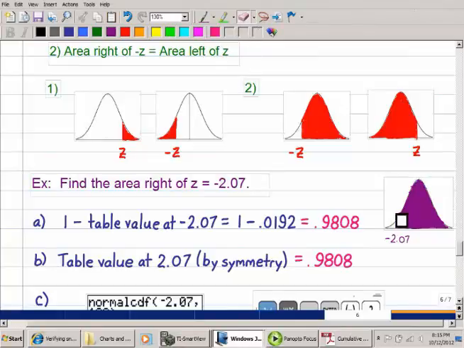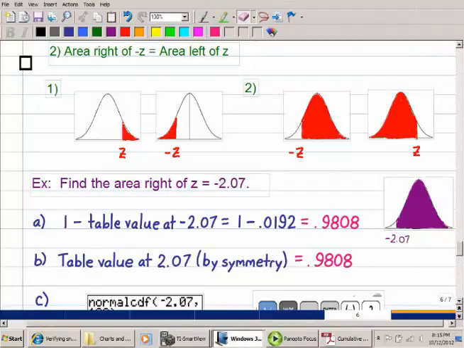So we have area 0.5 to each side. Well, that's definitely more than half of that graph. So in other words, if I was to make a mistake and just look up 0.0192, I could then look at my picture and go, wait a minute, that's too small of an answer, so I know that that can't be right. And sure enough, it isn't. 1 minus that is correct, though, 0.9808.